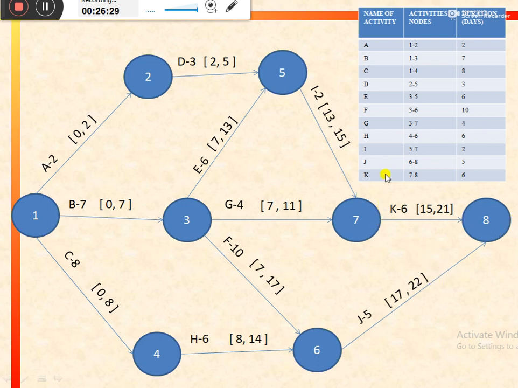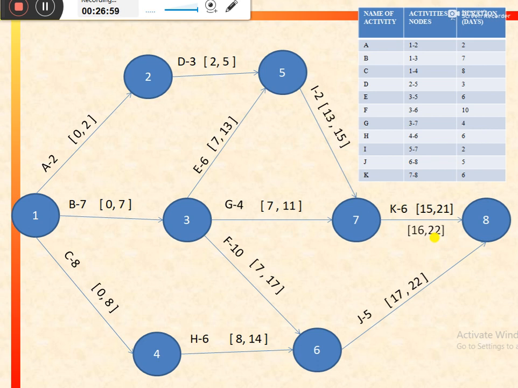So let's start with the last activity in this sequence, that is activity K. So the latest finish for activity K would be equal to the maximum duration of the project, that is equal to 22 days, and latest start would be equal to the latest finish minus the duration of the activity, that is 22 minus 6, that would be equal to 16.